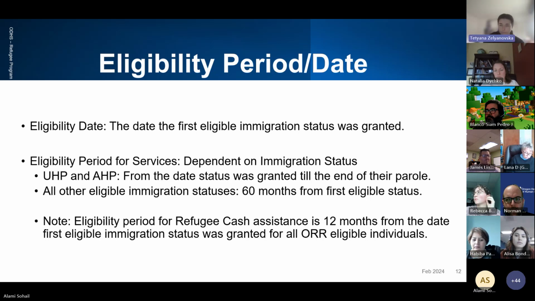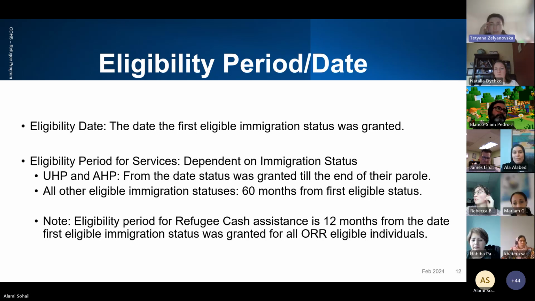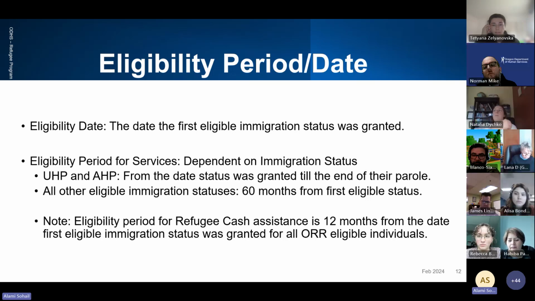Tatiana? Hello, I have a question. Do some organizations have funds for those who are refugees but Ukrainians and came after September? Well, Ukrainian refugees would be eligible for the general services that we are providing.